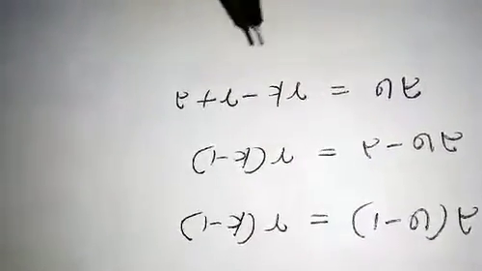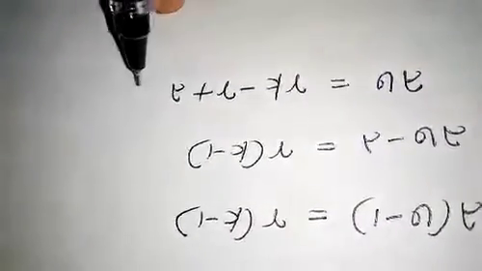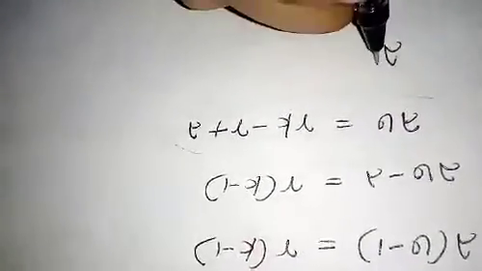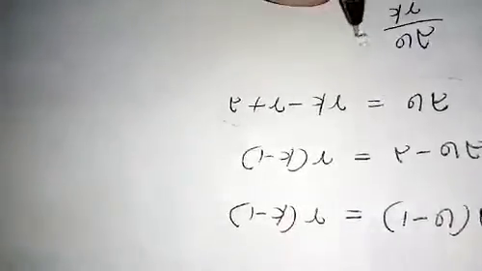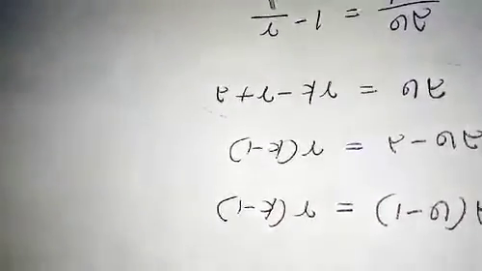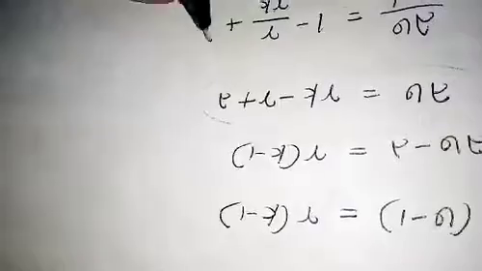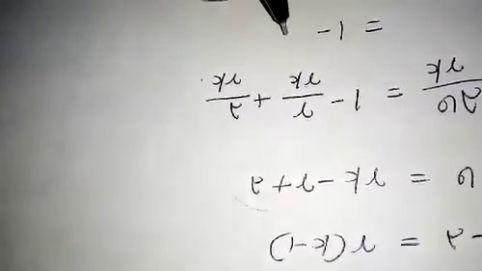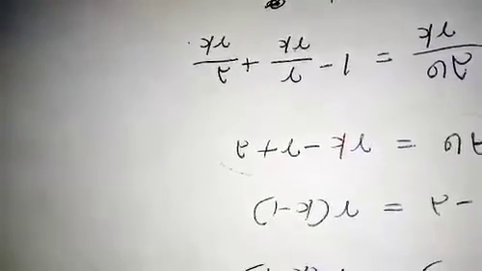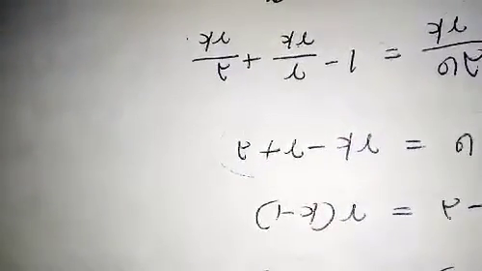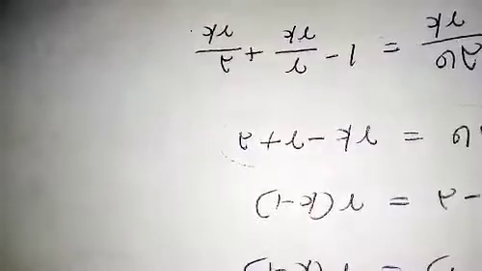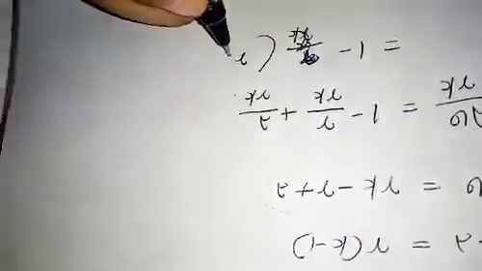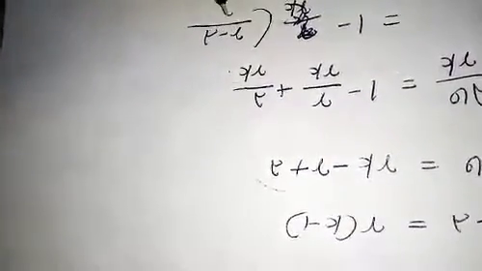Then divide by R K. This gives lambda V divided by R K equal to 1 minus R minus lambda divided by R K. You can write this as 1 minus (R minus lambda) divided by R K, right?